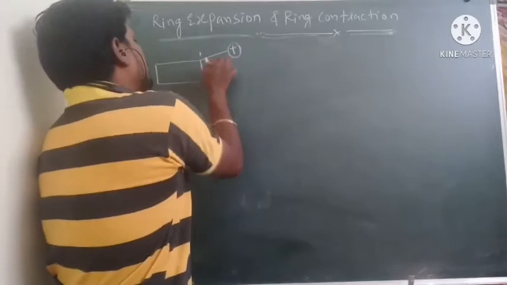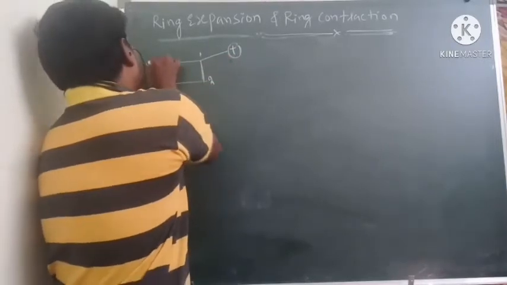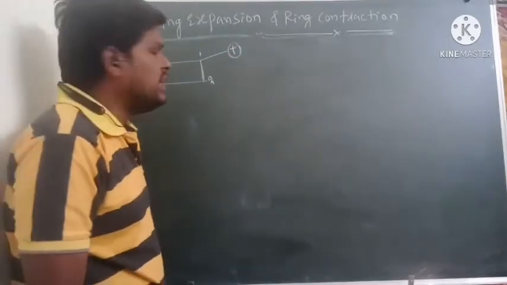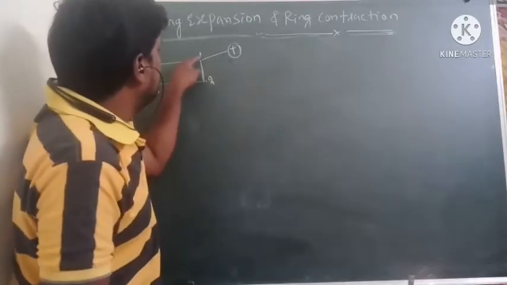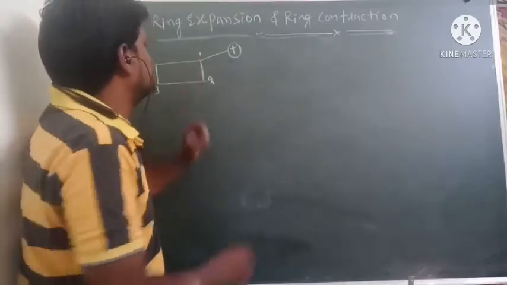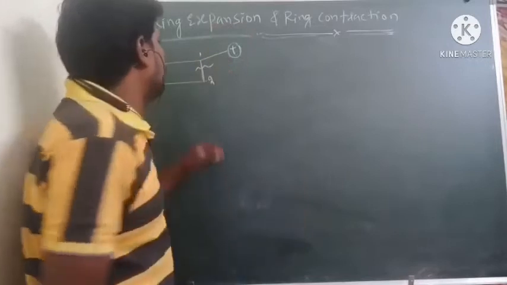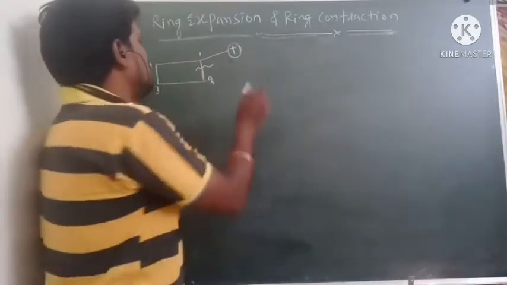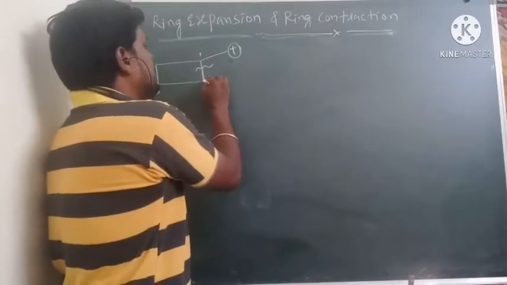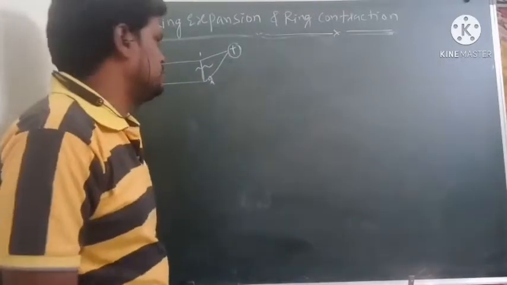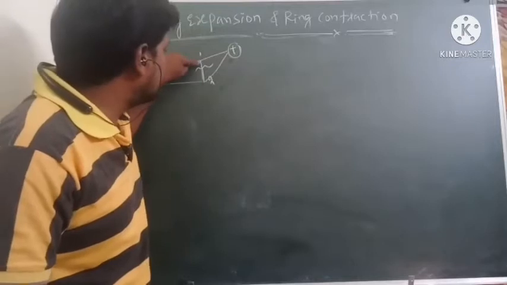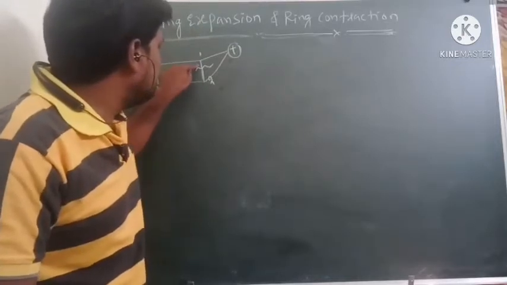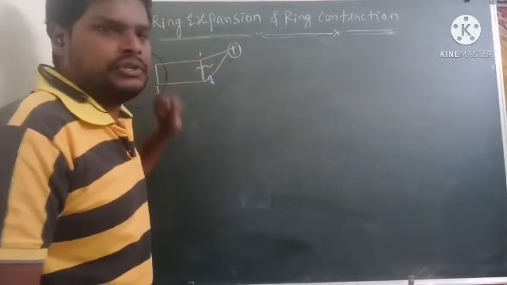Numbering 1, 2, 3 and 4, the covalent bond between carbon 1 and carbon 2 should break. Now the second carbon bonds with the positively charged carbon. The first carbon has lost a bond, so the first carbon gets the positive charge.